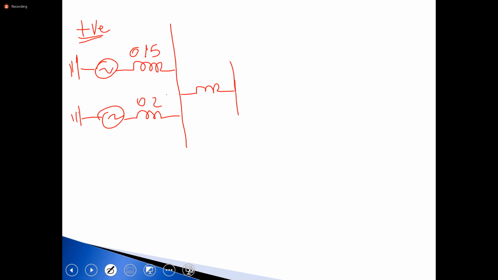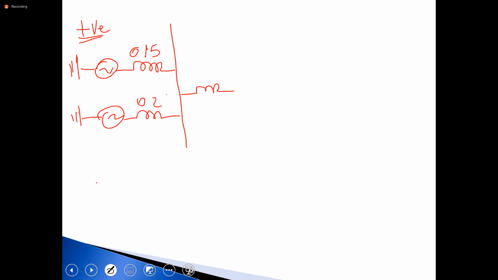The terminal is just a point of connection, as we recall from two-port networks. So I can ignore it. What we have is XT1, and then I go for the line.